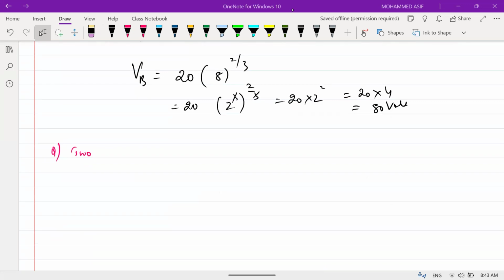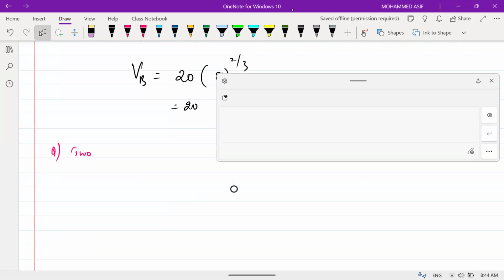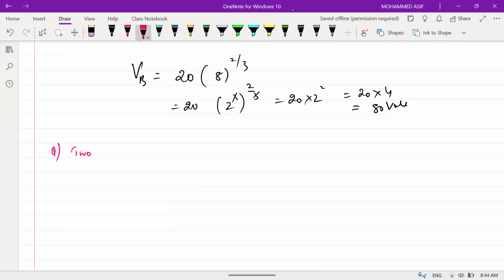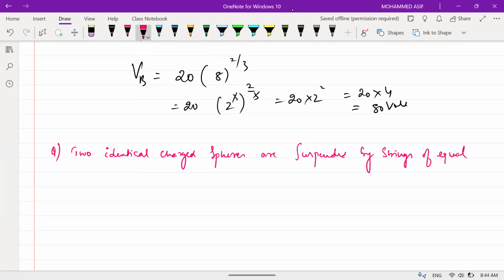Okay, 2 identical charged spheres are suspended by strings of equal length.